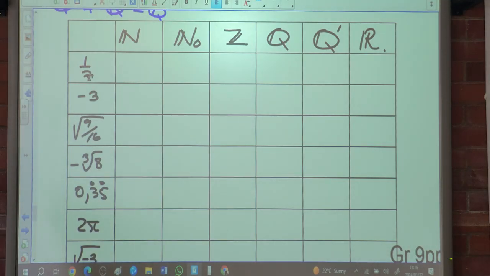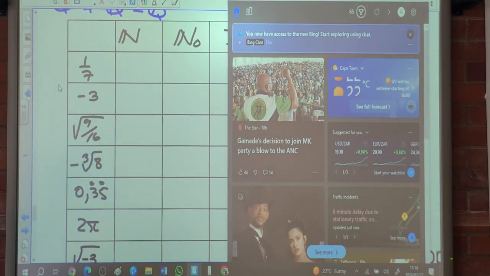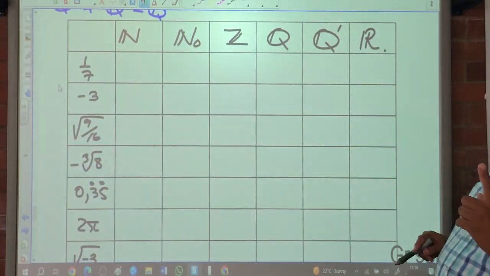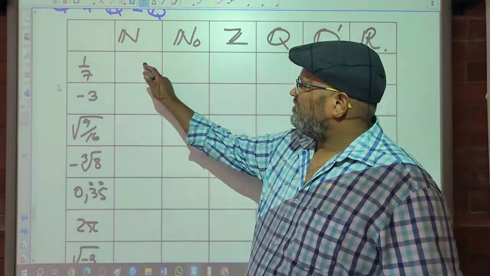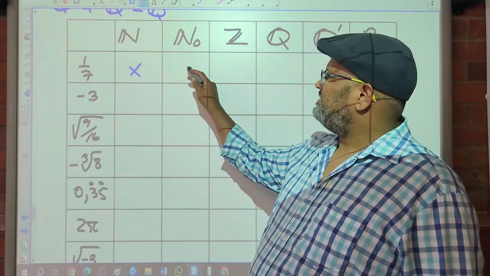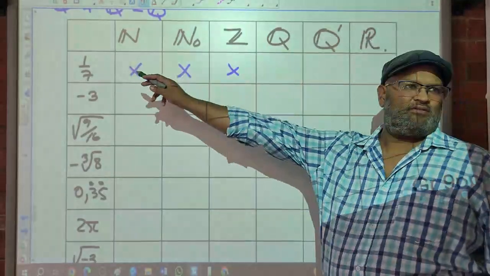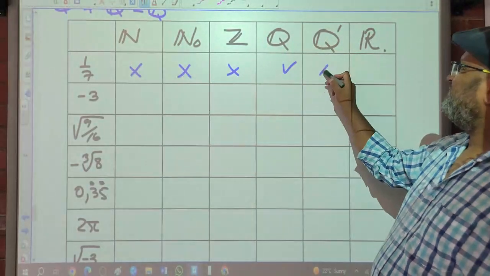So the square root of 1 over 7, which is 1 over 7. Is 1 over 7 a natural number? No. Is it a whole number? No. Is it an integer? No. Is it rational? Yes. Is it irrational? No. Is it real? Yes.